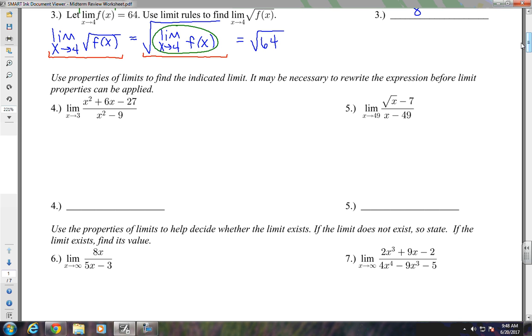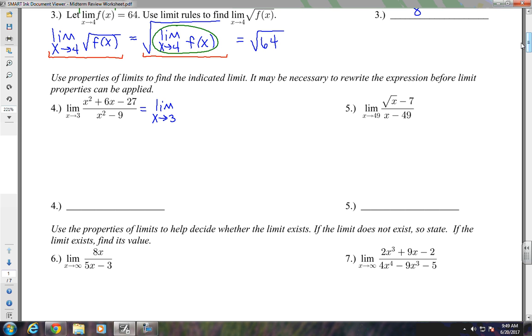So if you cannot evaluate the limit by direct substitution, attempt to factor your rational expression and see if you can cancel anything. So let's do just that. We're going to carry our limit operator all the way through the problem until we've actually evaluated the limit.